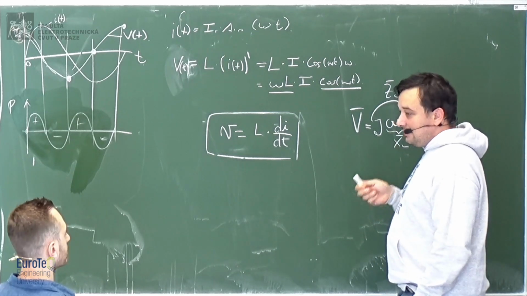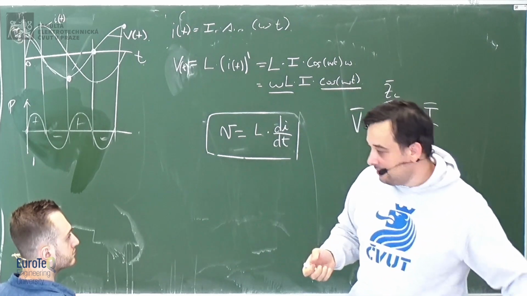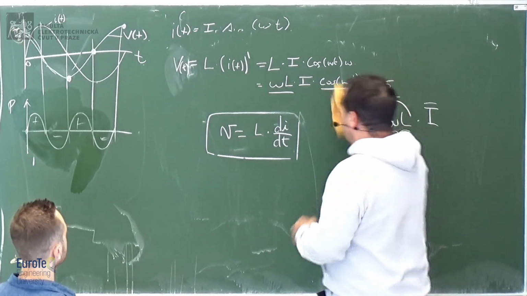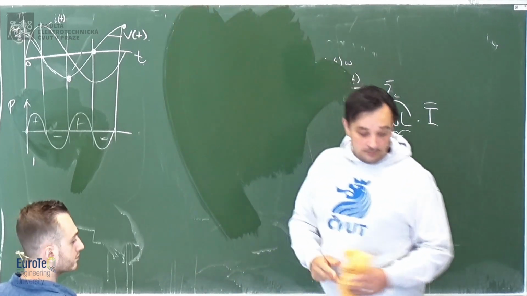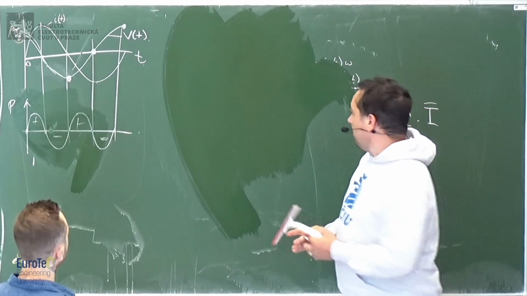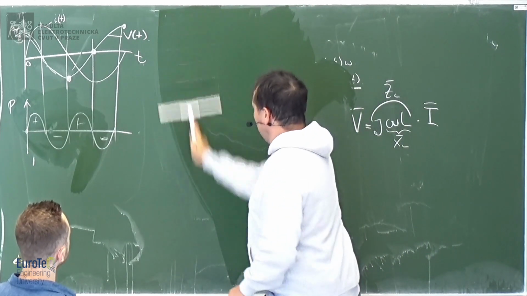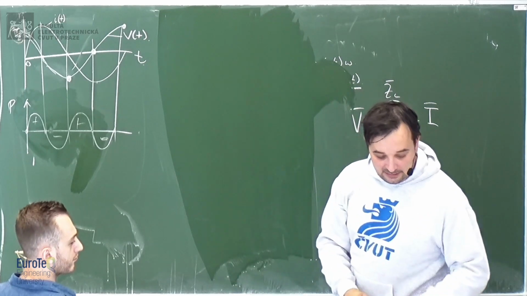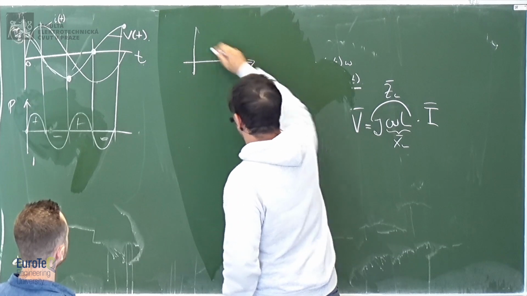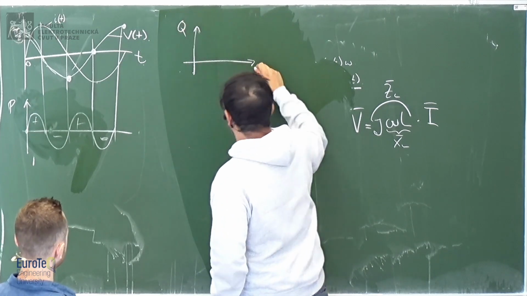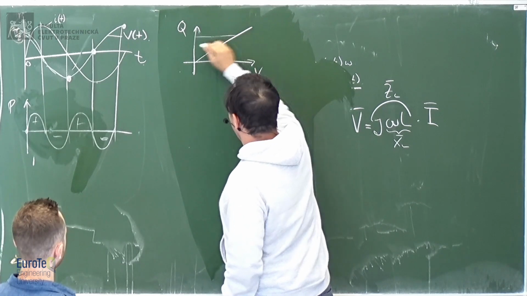Now let's look at this energy in the graph which defines the state of the inductor, which is exactly the same thing we did with the capacitor, if you remember. In the capacitor, we had this graph with Q and V, and we said that this was the energy.